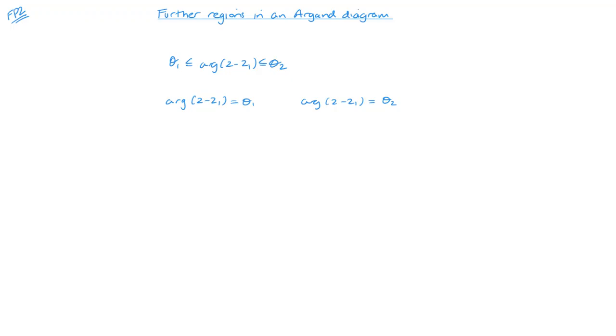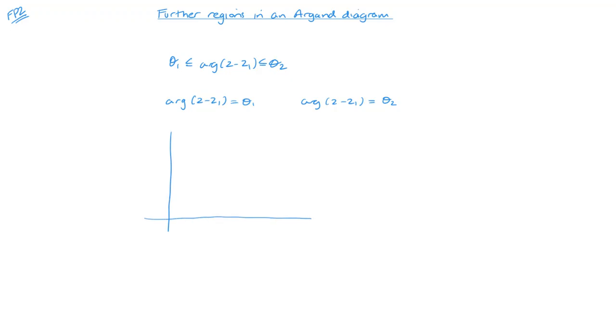If we've got a less than or equal to and a greater than or equal to here, then the lines that you draw will be bold. If we just have a less than or just a greater than, then the lines would be dashed to represent that they're not included. But in both cases, z1 will not be included.